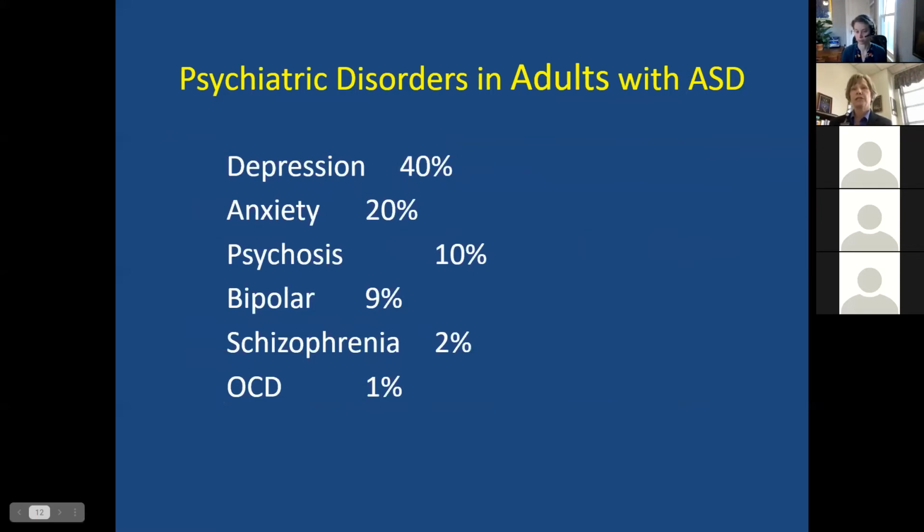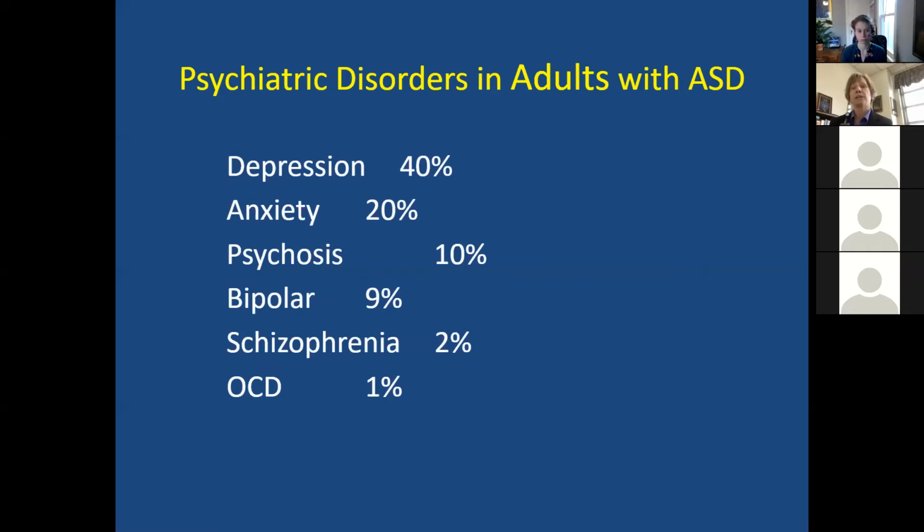Since this is a lifespan conference, we want to look at how the diagnoses evolve over time from childhood into young adulthood and into adulthood. And this is consistent with my clinical experiences. I work more and more with young adults with autism. Depression now becomes much more common, a significant problem now in adults with autism, a frequent occurrence, 40%.